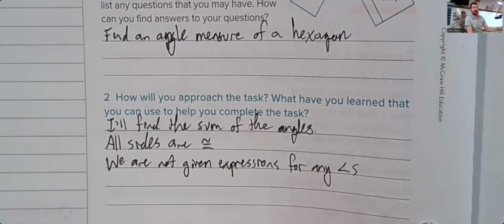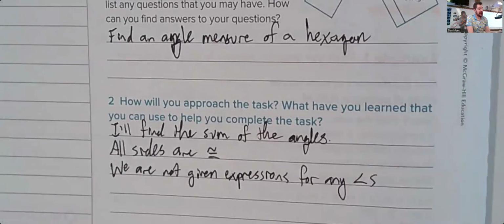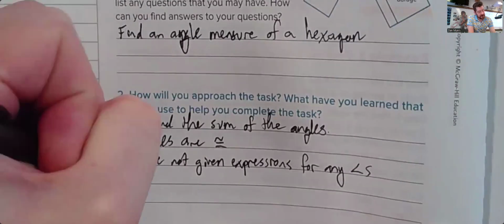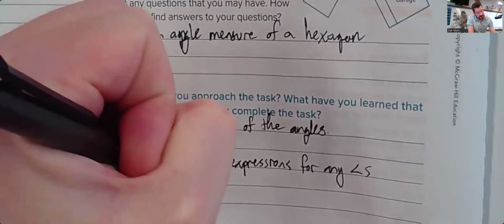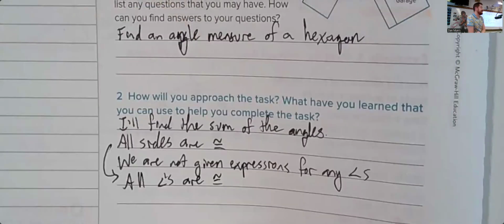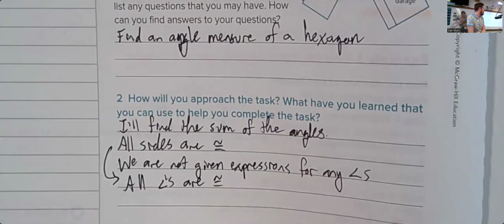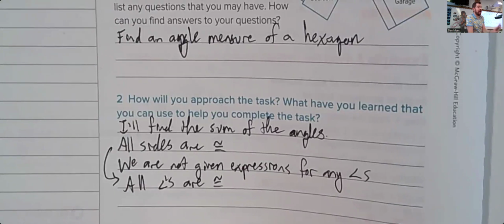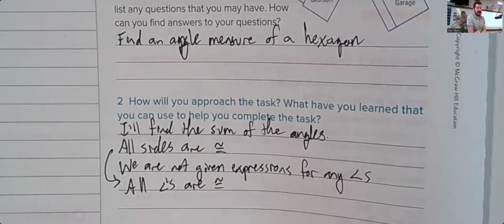That's true of any regular polygon. So any polygon where all the sides are the same, all the angles also must be the same, which means all angles are also congruent. That is a huge deal with this problem, because if we didn't know that, then we wouldn't be able to solve this problem at all, because there are no expressions for any of the angles.